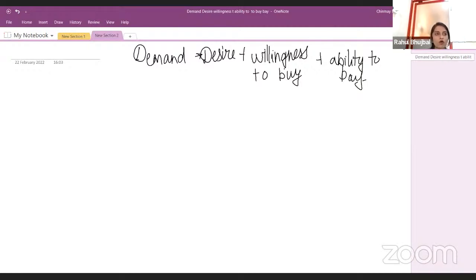Second, I'll give you an example. If you are not hungry, if all your friends take you along in the canteen, तो आपको खाने की इच्छा नहीं है. Means are you having desire? नहीं. But are you willing to buy that product? No. If you are not having that desire, you won't be willing to pay.